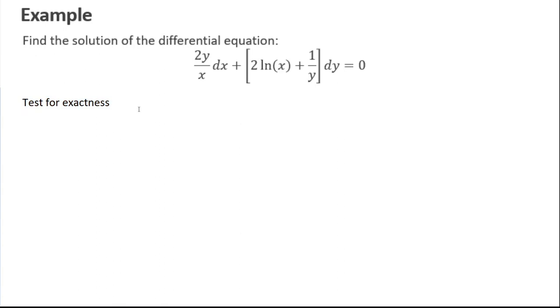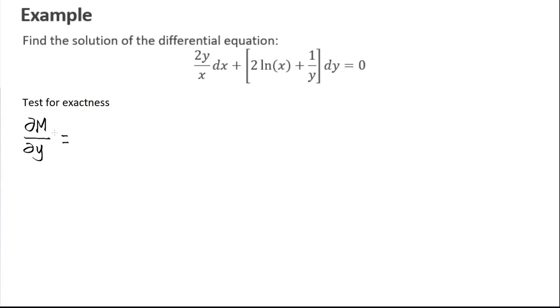Test for exactness. How do you do that? The condition is your partial derivative of M with respect to y must be equal to the partial derivative of N with respect to x.